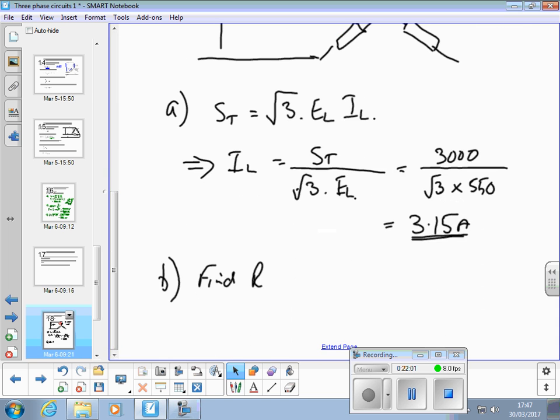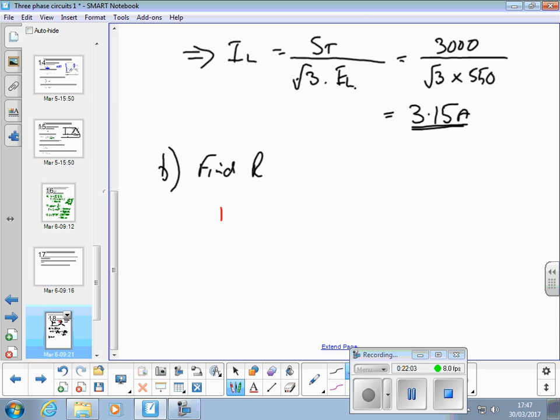So we can first say E phase is what is it? Is it smaller or bigger than the line voltage? It must be line voltage divided by root 3, because root 3 is bigger than 1.